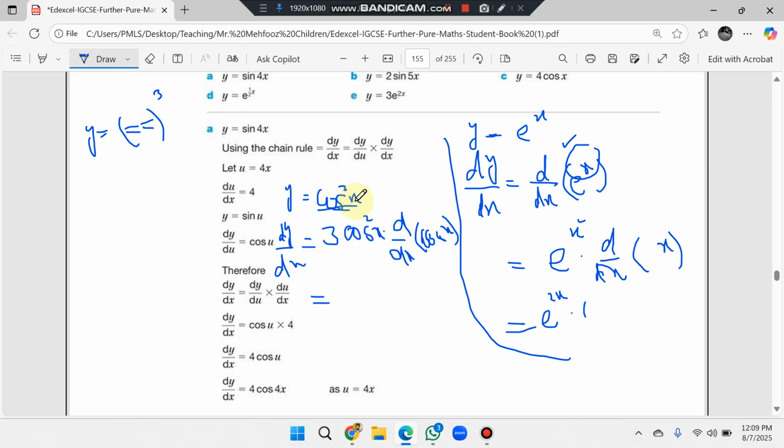So for cos cube x, the derivative: 3 goes at the start, and the cos power is 1 less, that is square, and then the derivative of cos, because cos is the variable, so its derivative becomes 3 cos square x dot minus sine x, which is what we found previously. Understand or not?